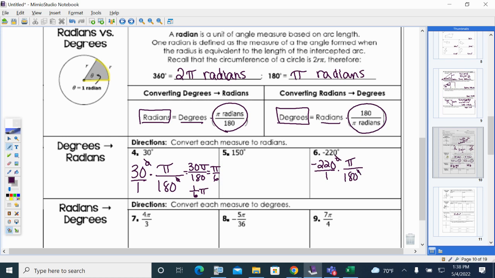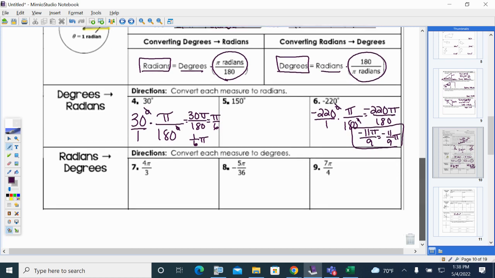So I'm going to cancel the degrees, and I get negative 220 pi over 180, and then we're going to reduce that, and we get negative 11 pi over 9, or negative 11 ninths pi. Again, both of those are the same answer.